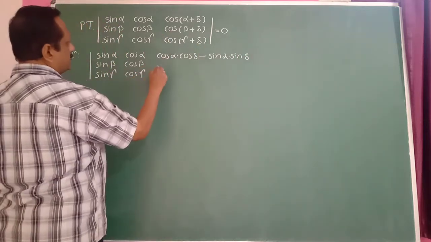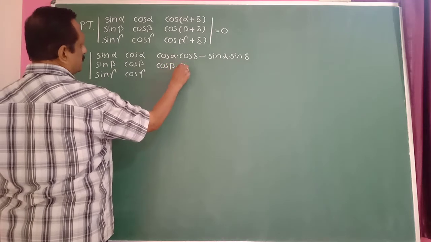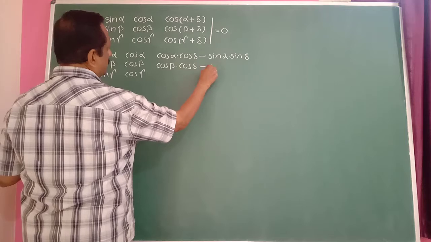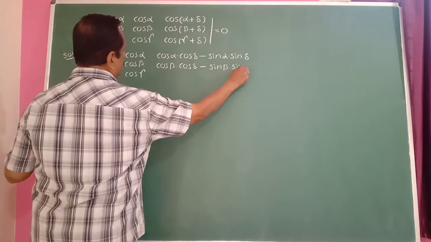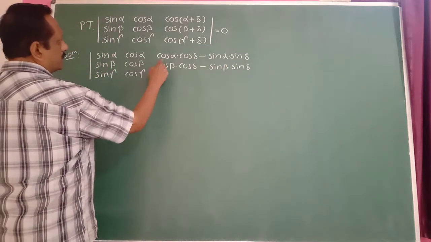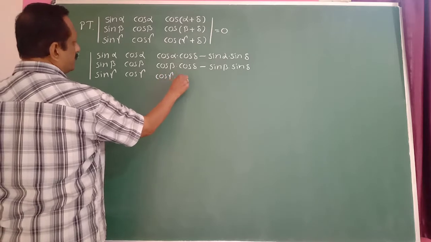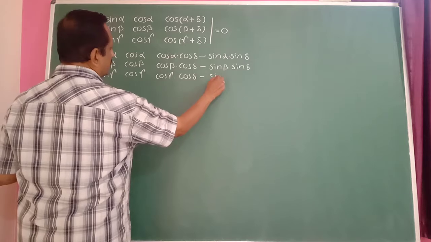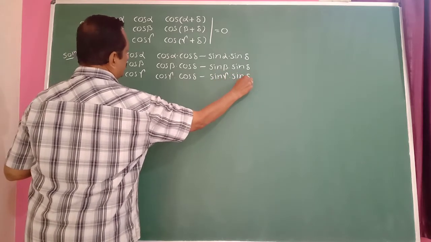Cos of beta plus delta is cos beta cos delta minus sin beta into sin delta. Then cos of gamma plus delta is cos gamma cos delta minus sin gamma into sin delta.